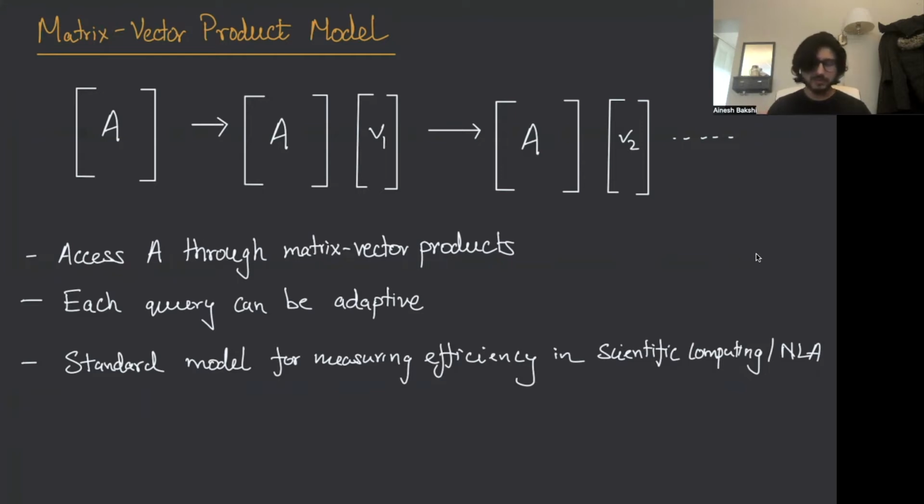In this model, the way we access the input matrix A is that we query A times a vector V1, see the resulting vector, and perhaps based on this vector, we can adaptively choose the next query, which is the vector V2, and then query A times V2, get the result, and keep repeating this process. This is a standard model for measuring efficiency in scientific computing and numerical linear algebra. And as you will see, this model is helpful for us to really understand and compare algorithms.